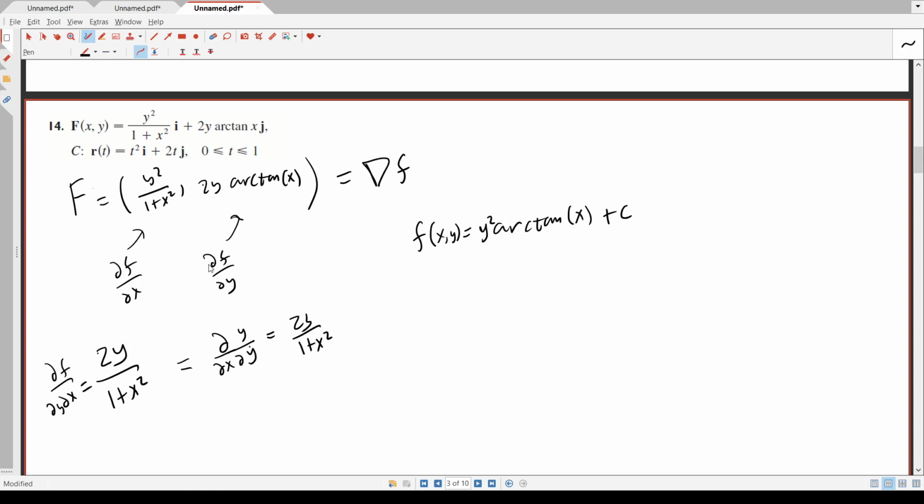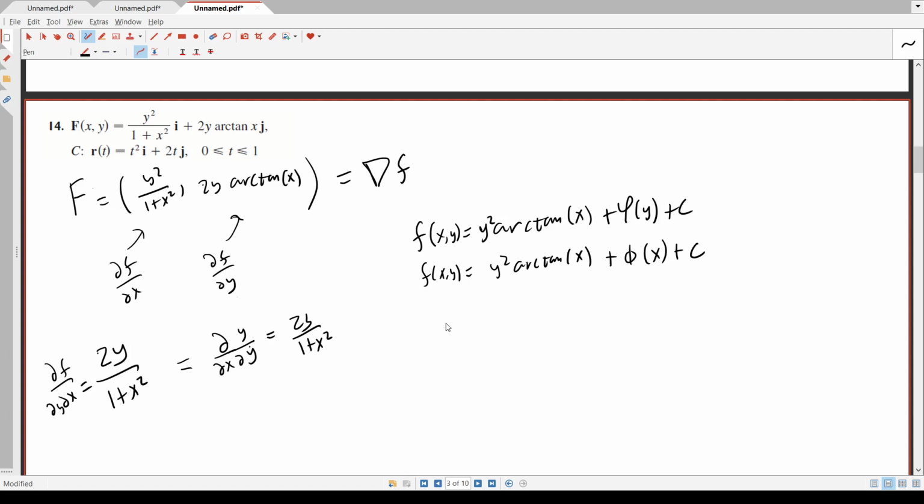And then I integrate this one with respect to y. Sorry, so this is plus stuff that involves only y. And then when I integrate this with respect to y, I get f of xy is the same thing plus some function that involves x plus c.